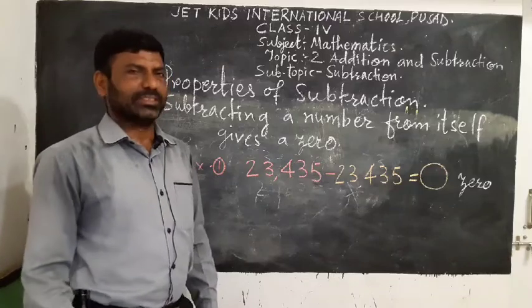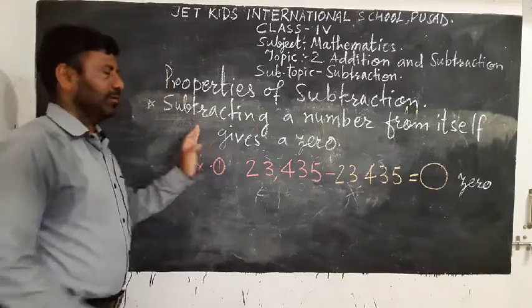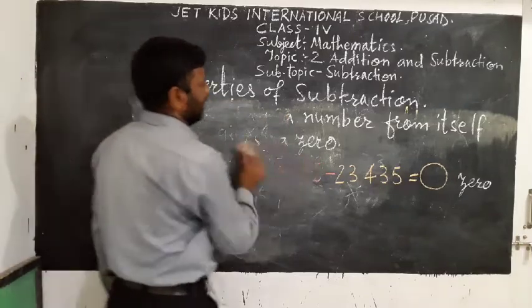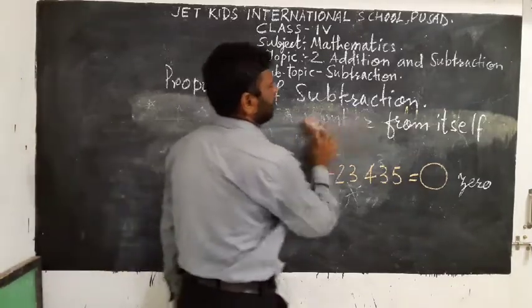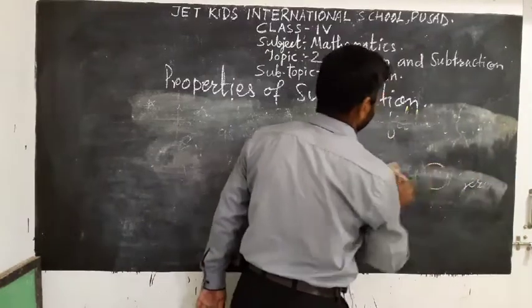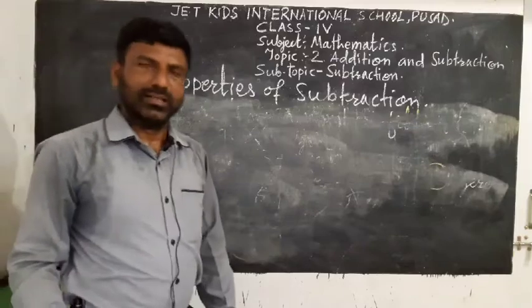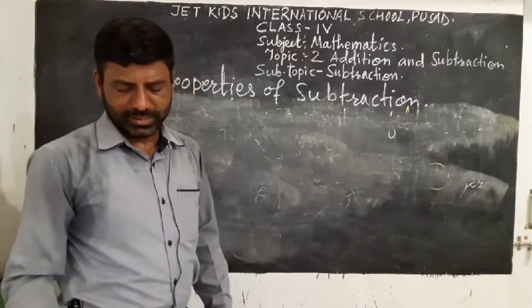This is our second property. Got it? First property, order property, we cannot change the order. Second, if we subtract a number from itself, we get 0. The difference will be 0.